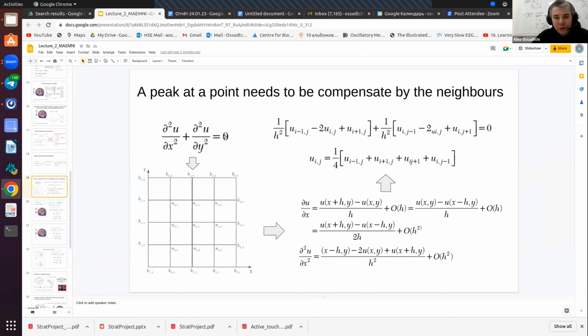If you require this to be 0, then that means that the value of the potential at this central point is equal to the average value of the potentials at this point, this point, this point, and this point. That means the peak at some location has to be compensated by the values of its neighbors.